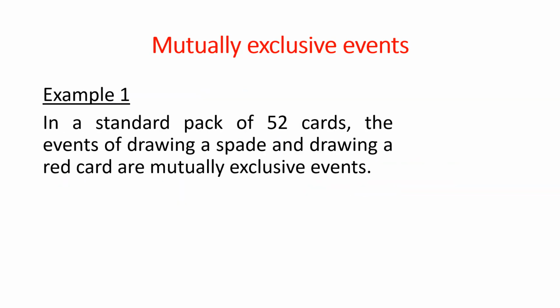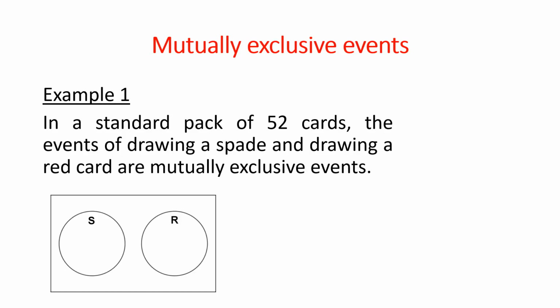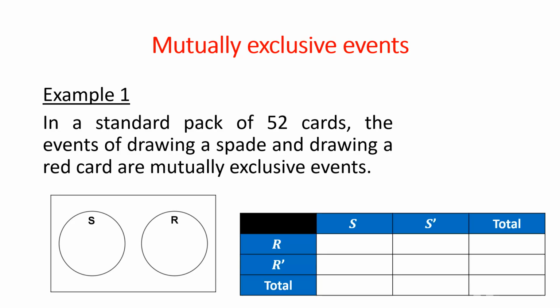All right, let's see if I can explain it a bit more with an example. In a standard pack of 52 cards, the events of drawing a spade and drawing a red card are mutually exclusive events. So here's our Venn diagram. We've got a circle with spade and a circle for red card. And here's our two-way diagram.